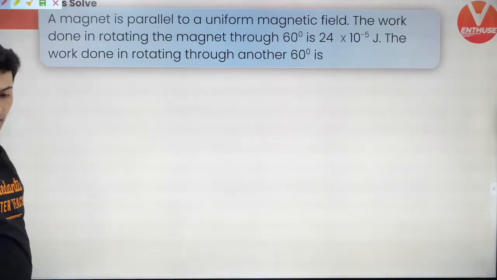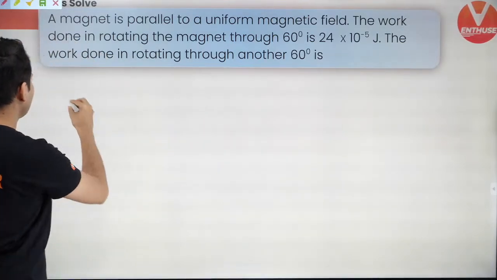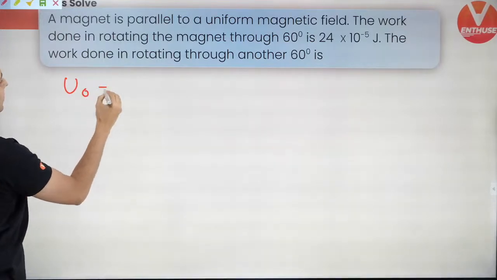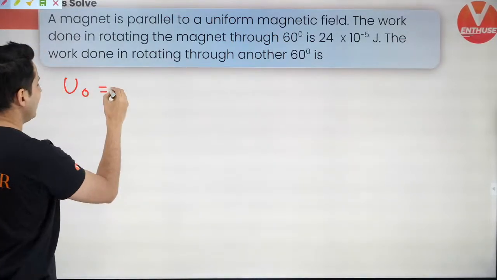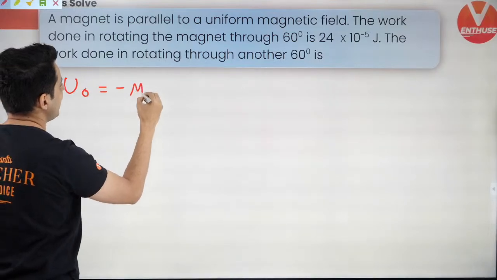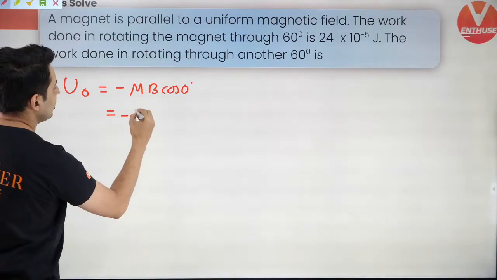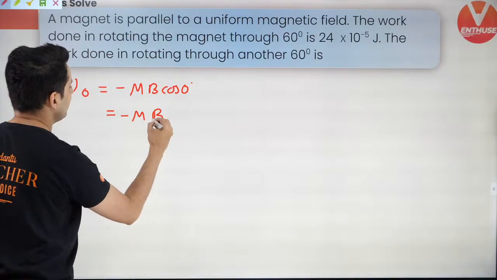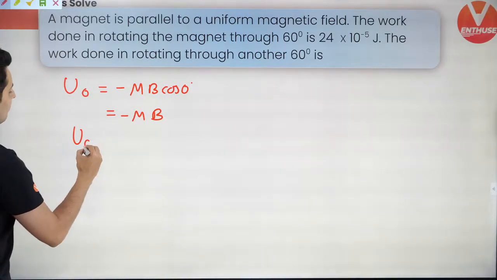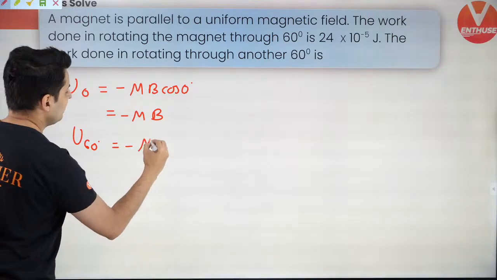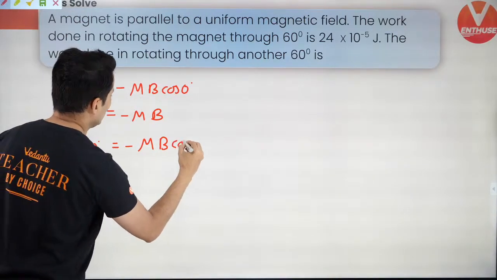So what you need to do is think about each angle and what the potential energy is. First, at 0 degrees, the potential energy will be minus MB cos 0. Cos 0 is 1, so it will be minus MB. Then at 60 degrees, the potential energy is minus MB cos 60.